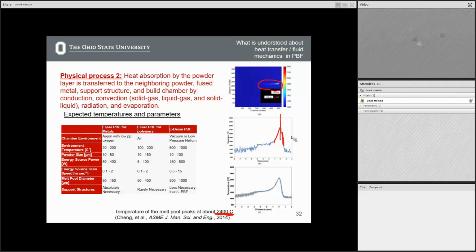You see a really sharp temperature gradient along this direction of the melt pool, but you would also expect a large temperature gradient in this direction as well. And then you see shallower temperature gradients in the tail. These are observations of what's known, and people have measured these before in trying to understand this.